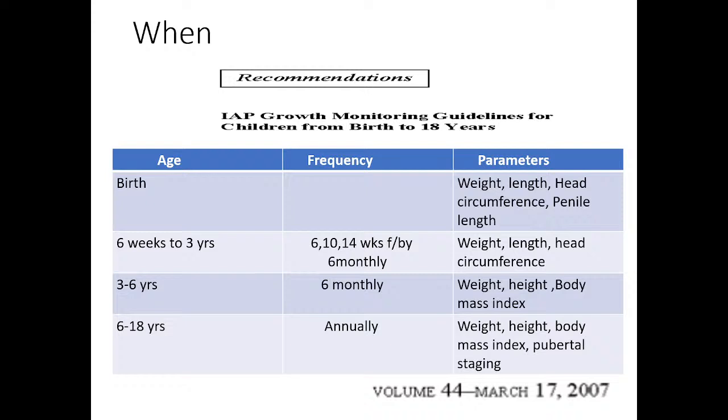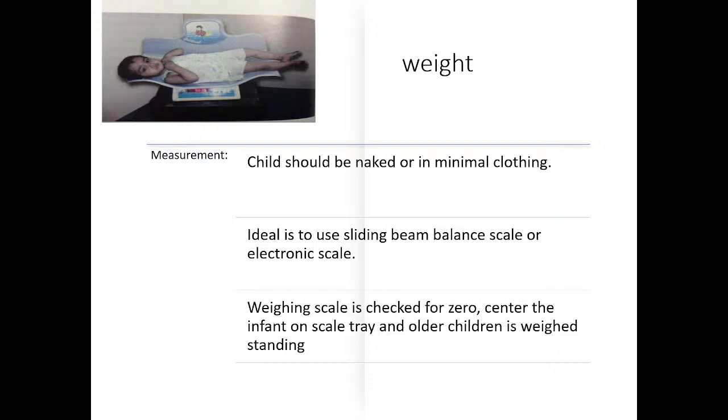The best way is to just hand over the pictorial chart to them and ask them to tick the stage of puberty they are at this point of time. Most of the children are very happy to come back in the next visit with the chart saying this is my pubertal stage. So that is always easy to do. Now wait.